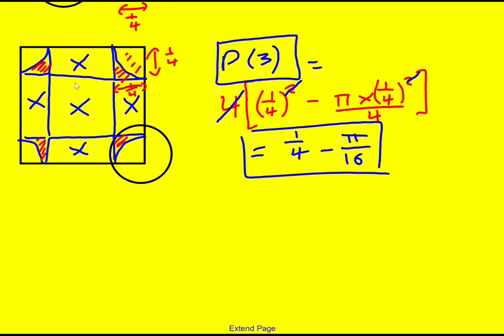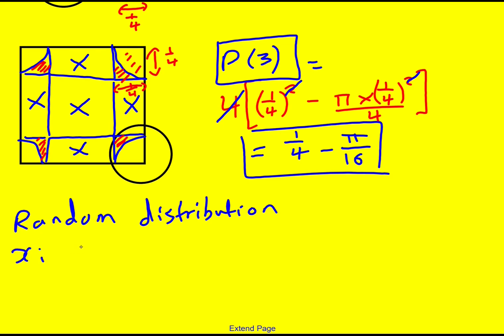So let's write down our probability distribution. This is the random distribution, I don't know what else to call it really. This is the distribution if Harry was to place his foot randomly. He can either pick a 1, 2, 3, or 4 with probability equal to 1/4 and pi over 16.